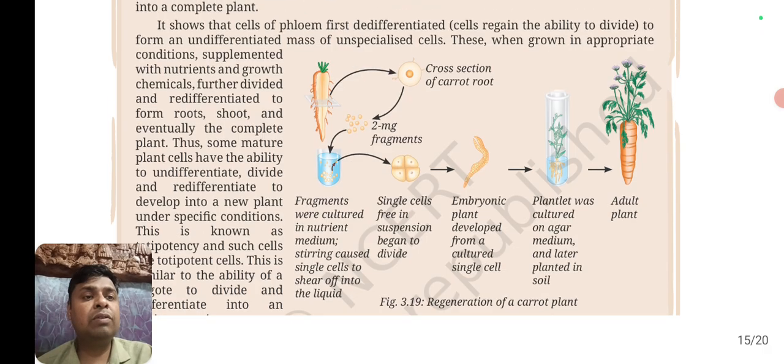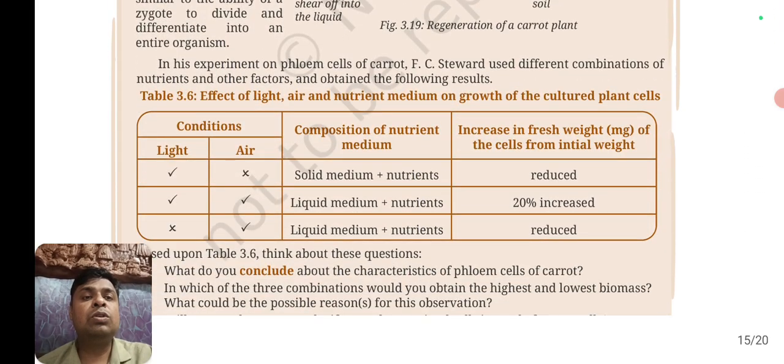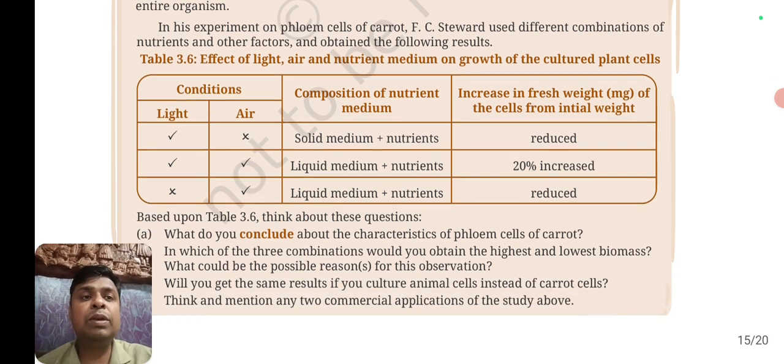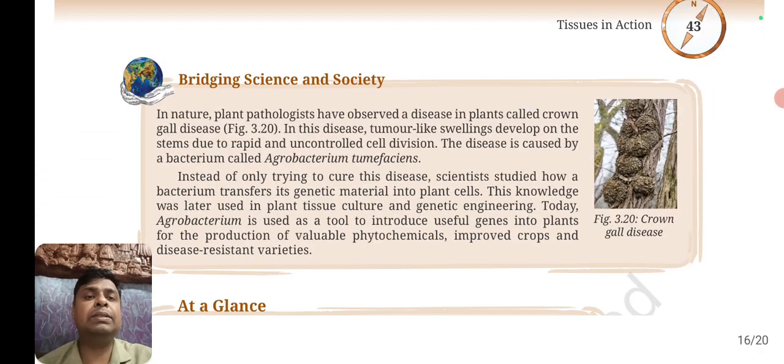So a cross section of carrot root was taken, 2 milligrams of fragment. It was put into the nutrient medium and it started dividing, and you can have an adult plant with it. Regeneration occurs. The conditions they require are light and air. Here they have shown us, you can make a table, record your observations and write conclusions. You can just read this, you will get it easily.